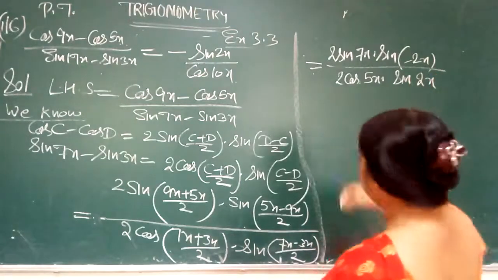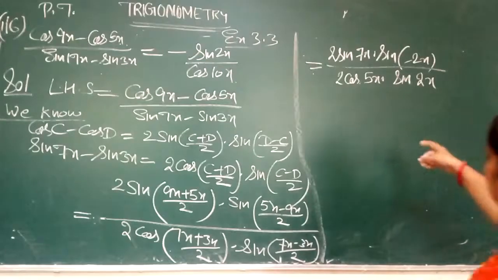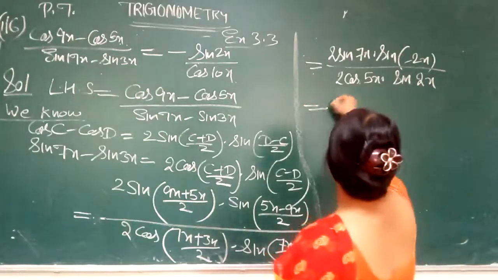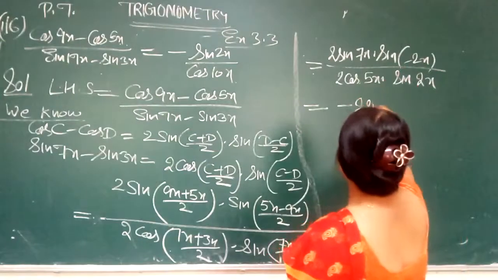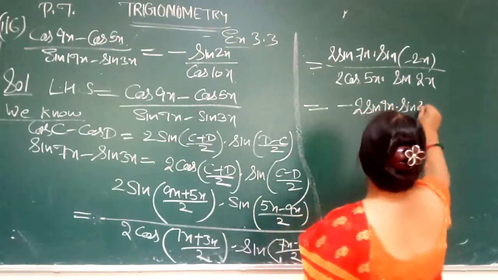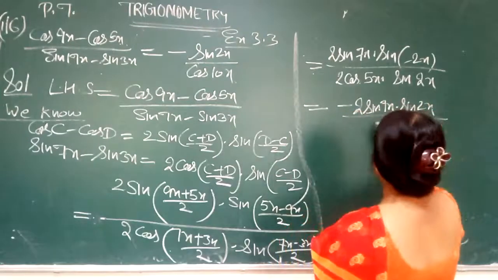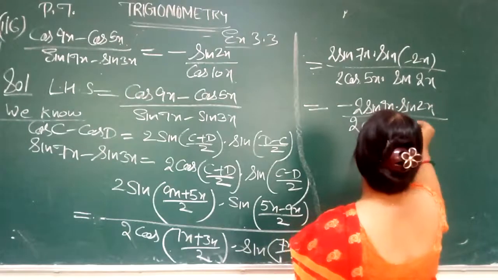So after that it will come sin 7x into sin of minus 2x, and 2 cos 5x into sin 2x. Now students, minus is here: 2 sin 7x into sin 2x, and here 2 cos 5x into sin 2x.